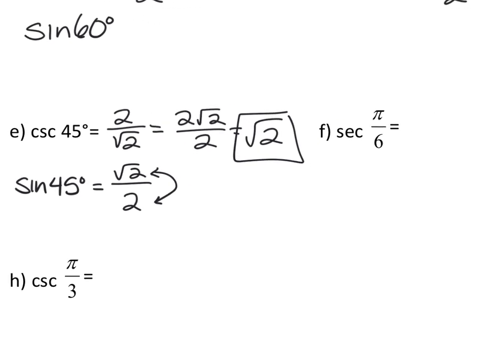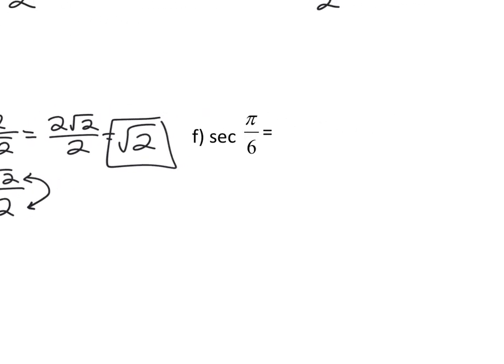Okay, more trig. Secant of pi over 6. First of all, pi over 6 is what? 30 degrees. And secant is related to which trig function? Cosine of 30 degrees. Which finger is 30 degrees? Ring finger. Cosine is above.